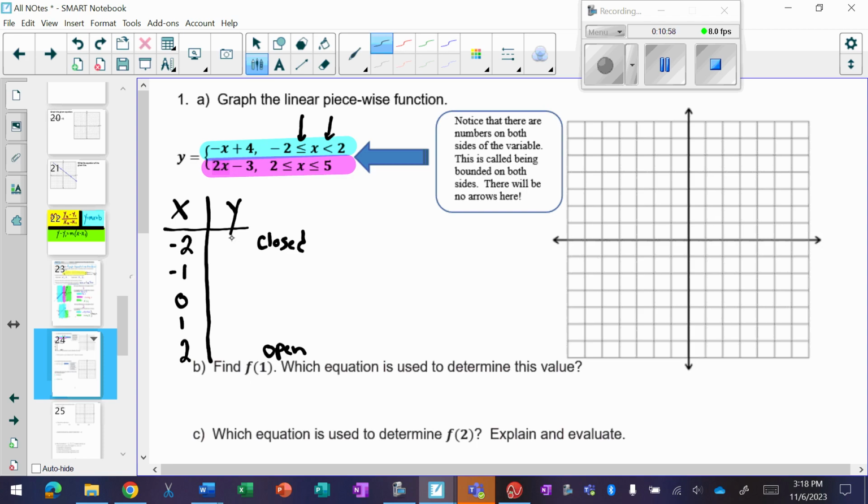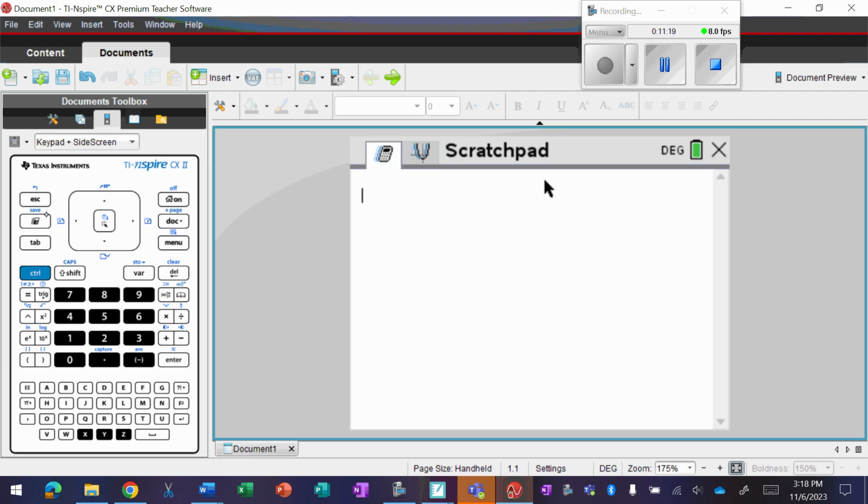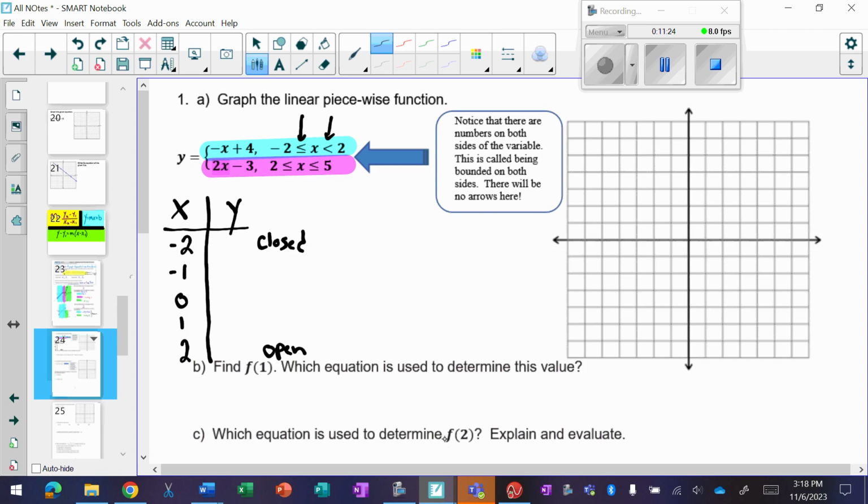To get these values, similar to what we have done in the last unit, we are going to plug in negative 2 in for the x and figure out the y value. So if we go back over to our regular calculation screen, our equation was negative x plus 4, and we are plugging in negative 2.